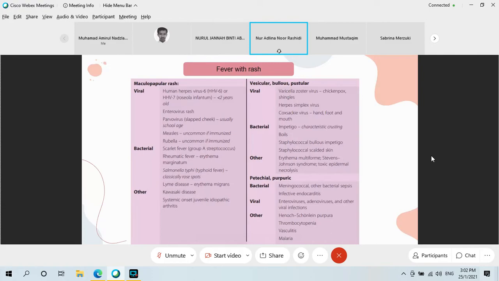If the rash presents as vesicular, bullous or pustular, we can think of varicella zoster virus, herpes simplex virus, and Staphylococcus bullous impetigo, and more. And if the rash is petechiae and purpura, we might think of meningococcal bacteria, infective endocarditis, thrombocytopenia, and more. Next.